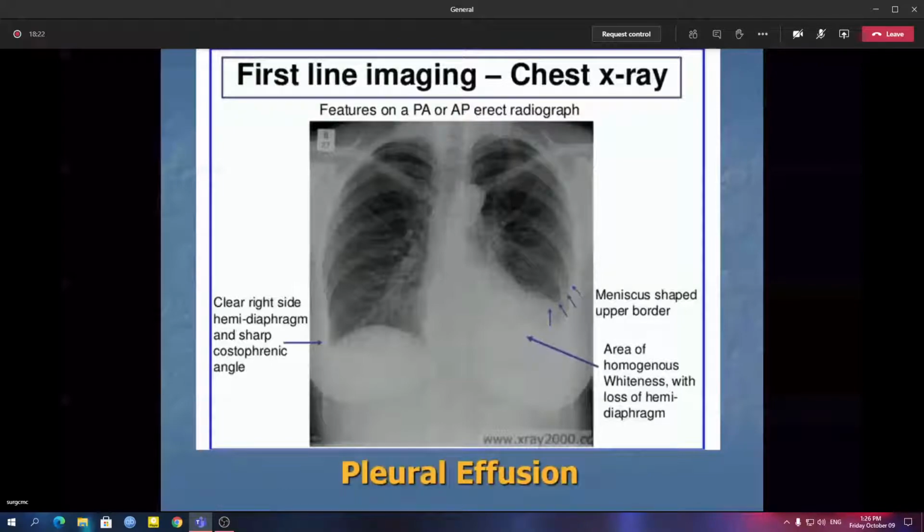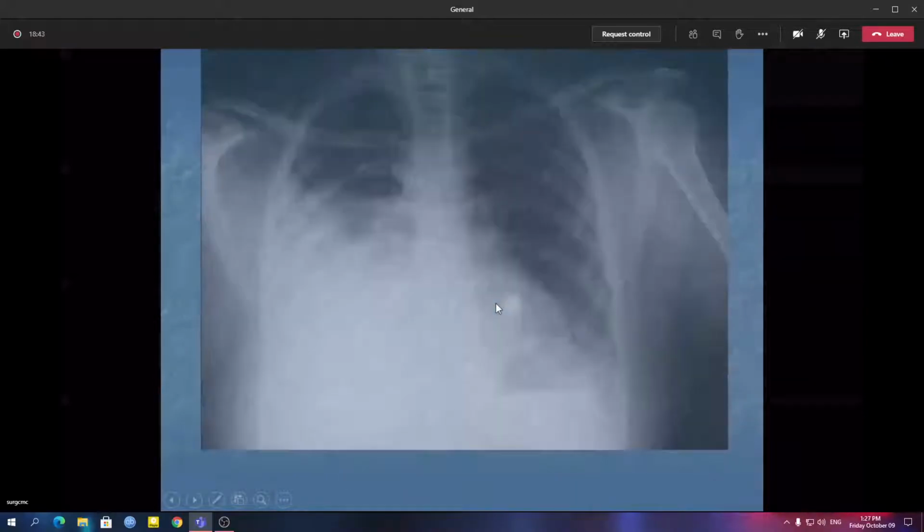So what is it? It is nothing but a pleural effusion. In pleural effusion, of course, there will be opacity in one or both of the lungs, but the upper margin should always be a crescent shaped, homogeneous opacity, with loss of the costophrenic and cardiophrenic angles, and it is a pleural effusion.